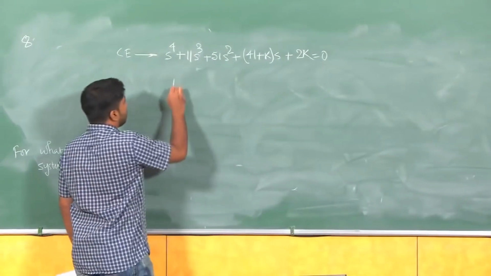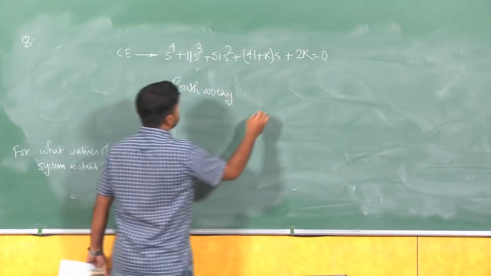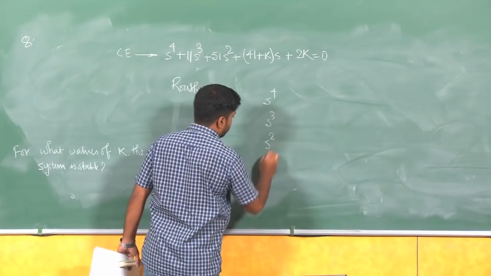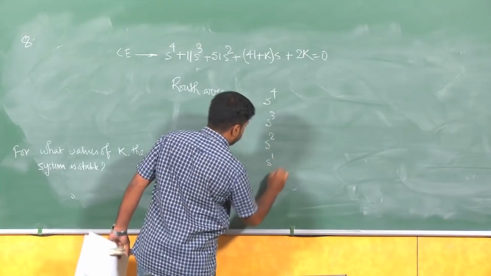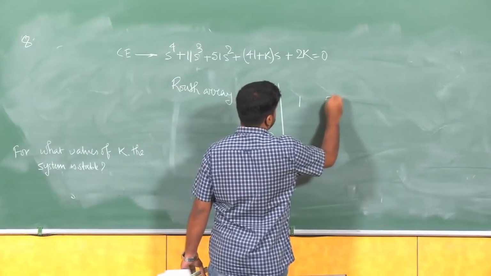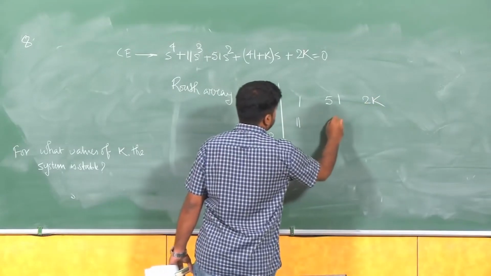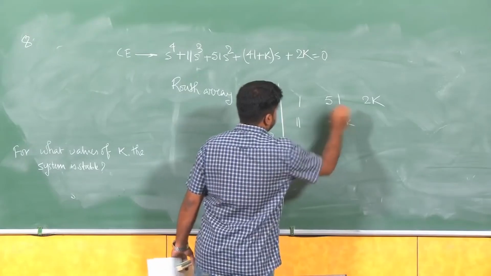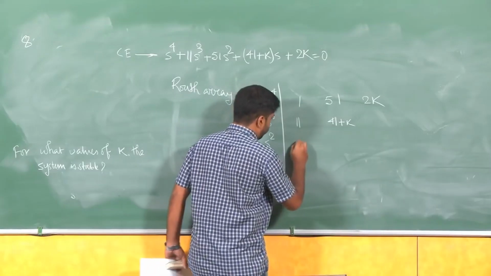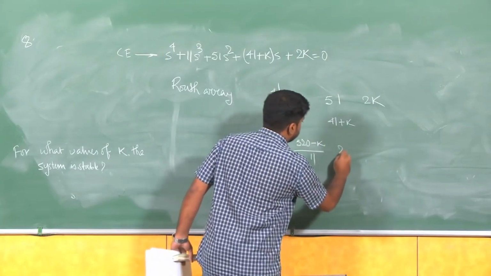The first row will be 1, 51, 2K, and next 11 and 41 plus K. This term will be (520 minus K) by 11, and this is 2K.